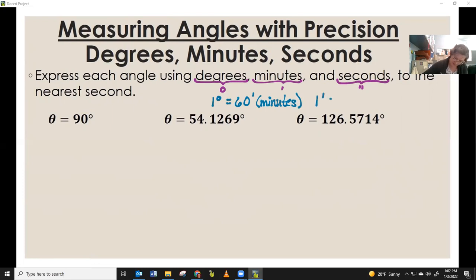One minute is equal to, does anybody want to take a guess? 1 minute is equal to how many seconds? Yes, that's absolutely correct. 1 minute is equal to 60 seconds.